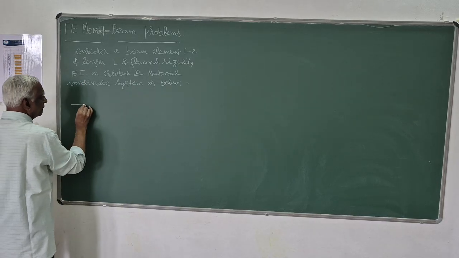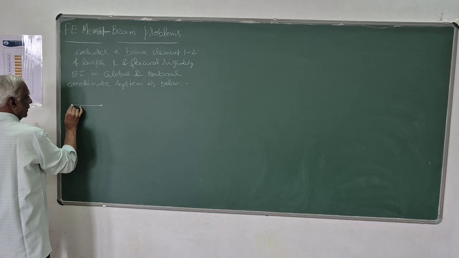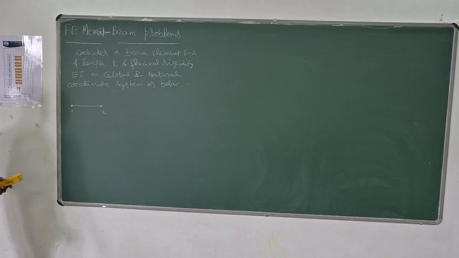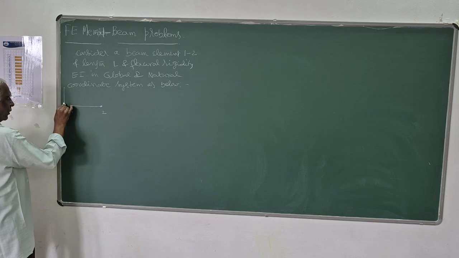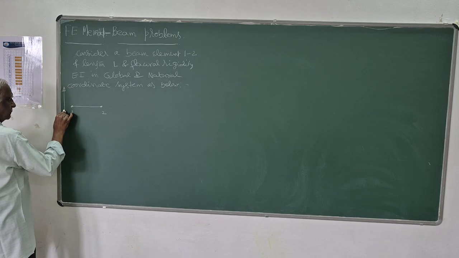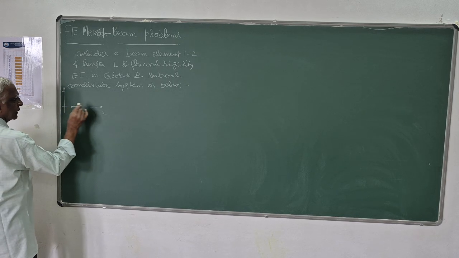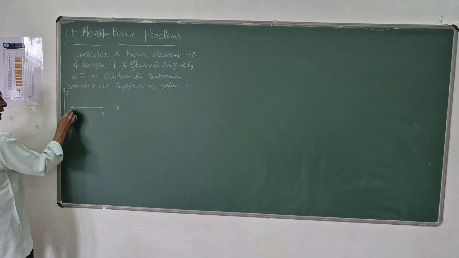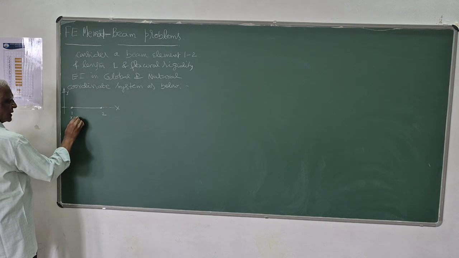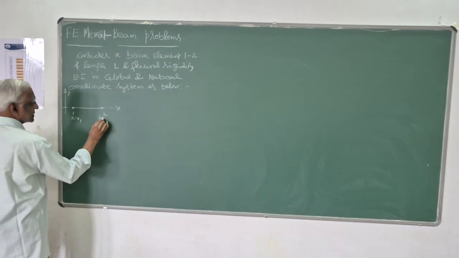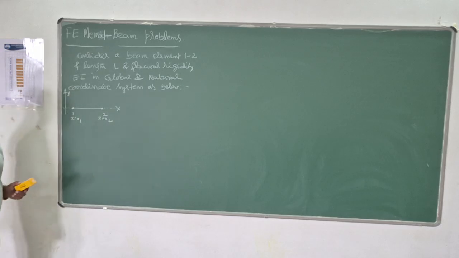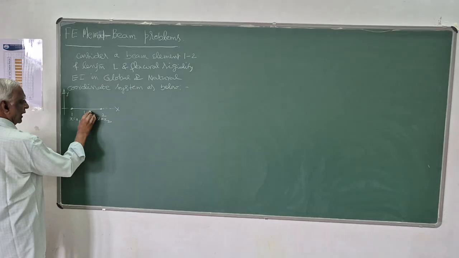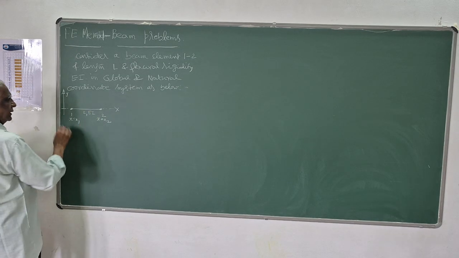Consider a beam element 1, 2 in the global coordinate system. This is x, this is y, and here x is equal to x1, x is equal to x2, the global coordinates, length L and flexural rigidity EI.